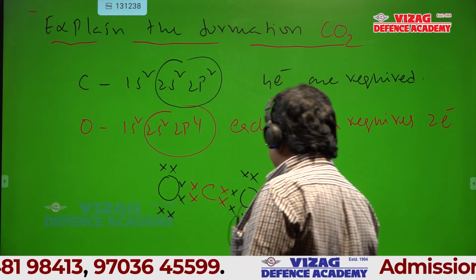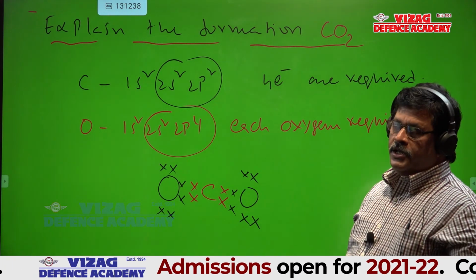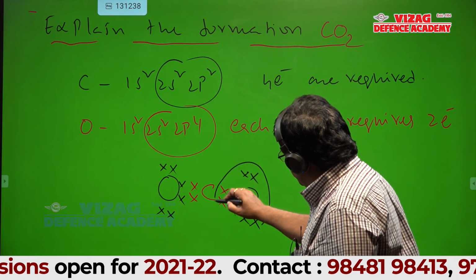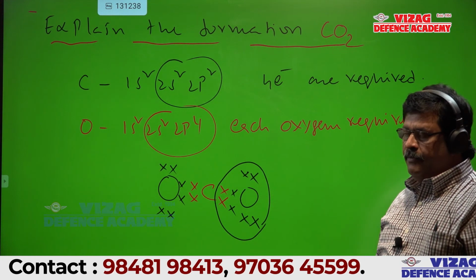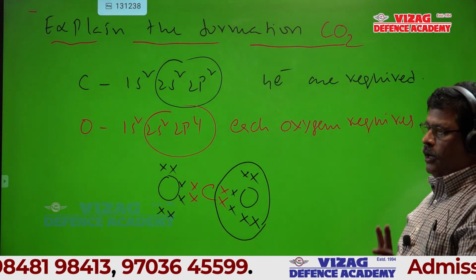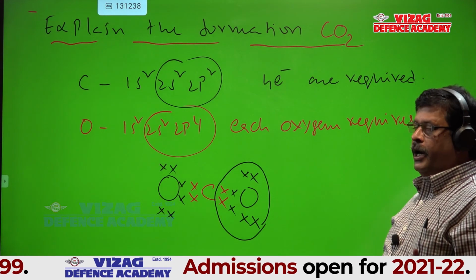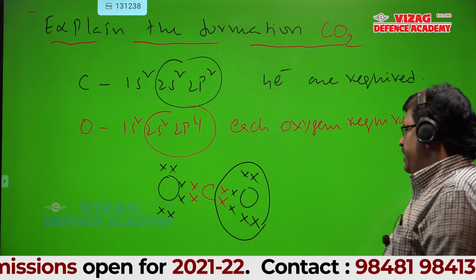Is it not? See total electrons around each atom. This oxygen has 6 black and 2 red, total 8 electrons, which is octet. Those 2 red electrons are from carbon. Carbon contributes 2 electrons to form a bond with 1 oxygen atom.